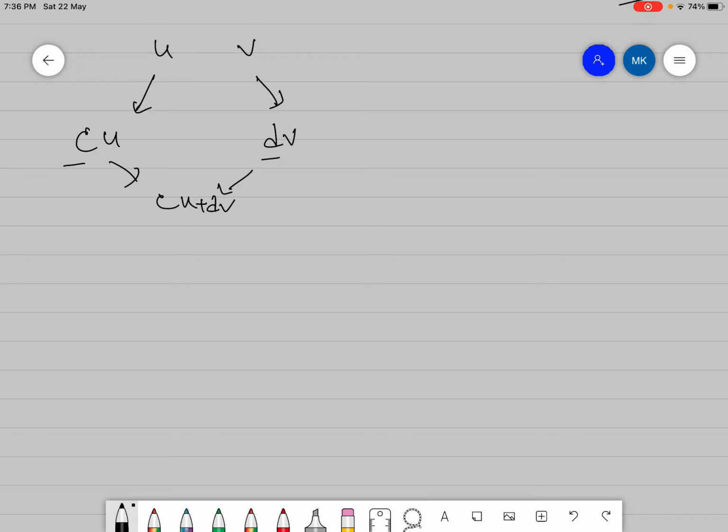This means that we have multiplied these vectors with scalars and added them. This all together was called, if you could remember, the linear combination.